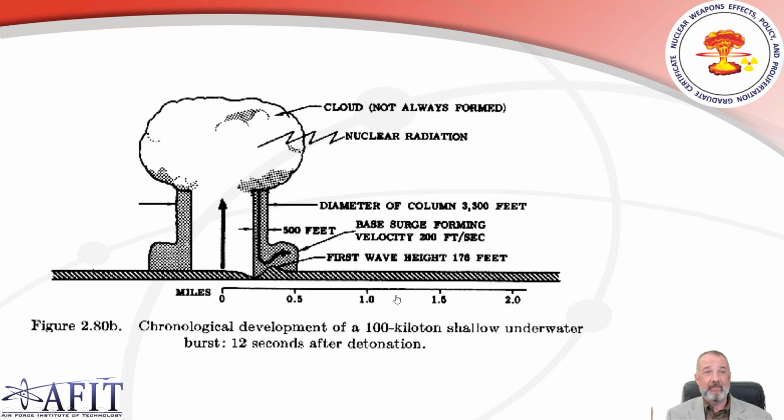It's got a primary wave height, so that first giant dumping of water creates a primary wave, a first wave, that's about 176 feet high, moving at about 200 feet per second. So imagine that huge mass of water moving that quickly and a wave that high. And it must have been a terrifying sight to behold if you could see it without, of course, being crushed by it.